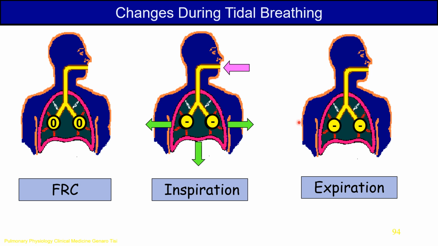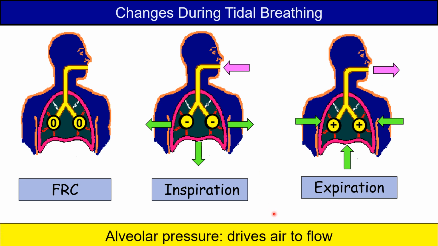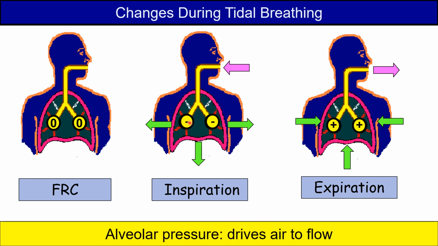Relaxation of the inspiratory muscle will cause contraction of the thoracic cage. This is going to make the alveolar pressure positive relative to the atmosphere, and therefore this will cause air to move out into the atmosphere. So what I'm driving at is that the alveolar pressure is the one that drives air to flow in and out of the lungs.